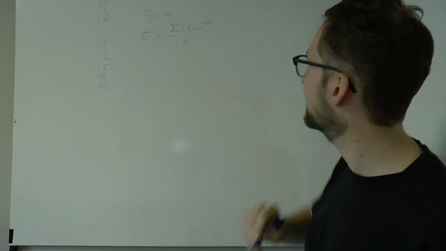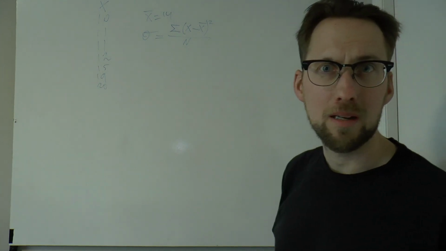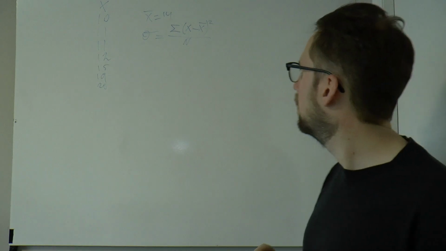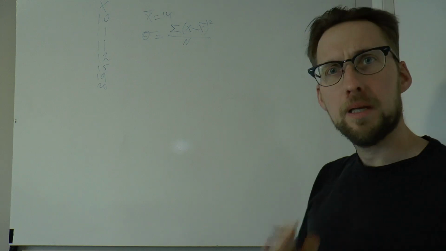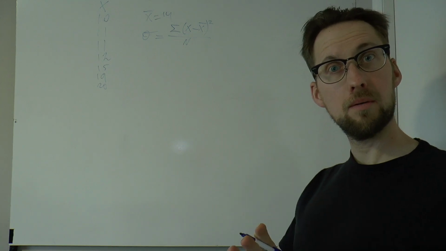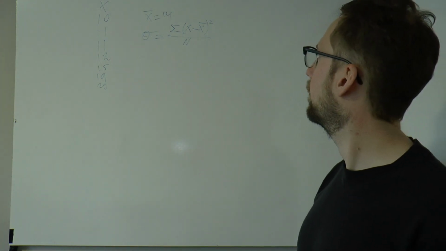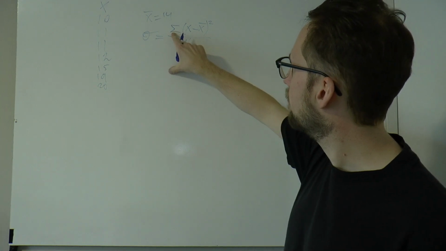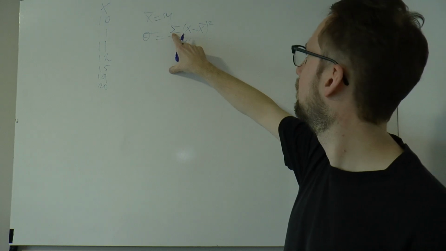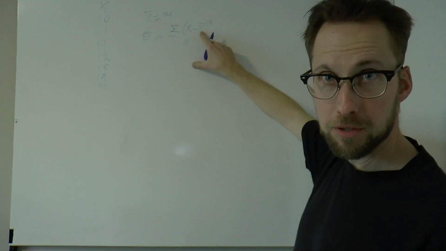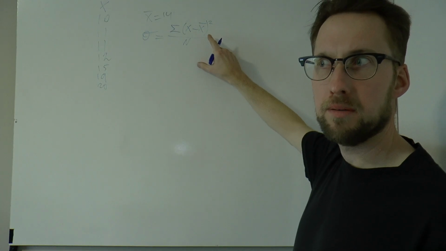Okay, now I need to do this somewhat scary looking formula. But I think we can do that. Okay, what does the formula tell me? Calm down. Look at what the formula says to you. I'm going to sum something. I'm going to take every observation, subtract its mean, and square it.